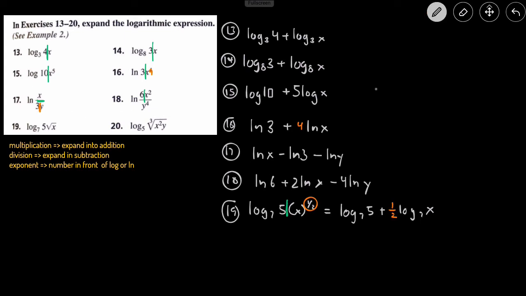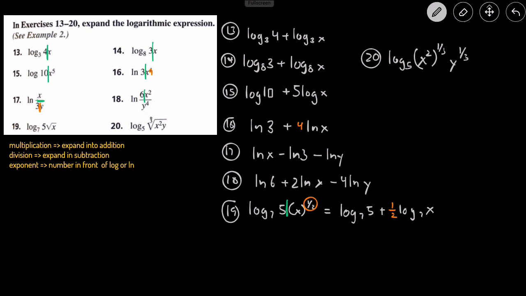Okay, now lastly, number 20. Number 20 is a little bit more of a complicated one. Let's just rewrite this. So we have log base 5. This cube root just means that you're going to raise everything to the 1/3 power. So it's going to be x squared to the 1/3 power, and then y to the 1/3 power.